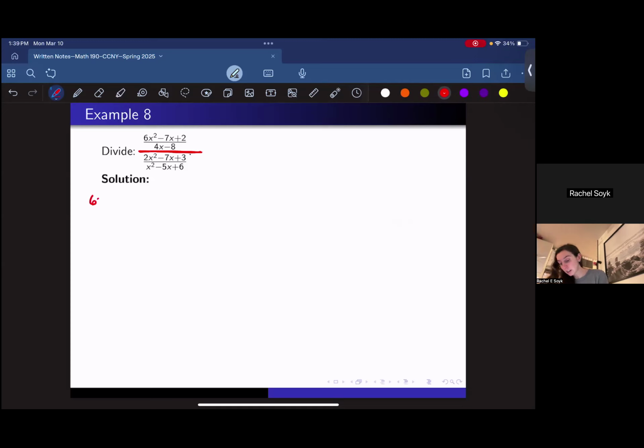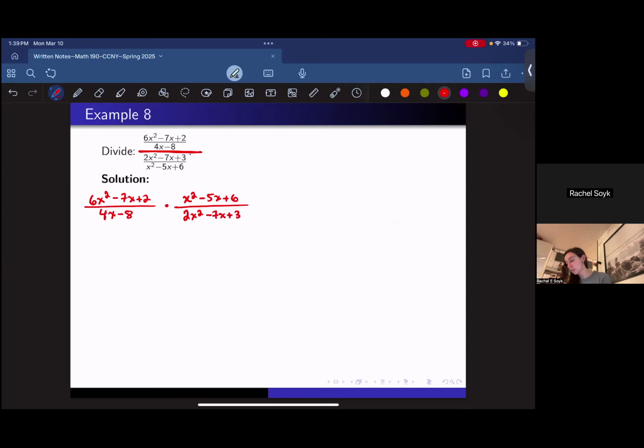We're going to keep that numerator fraction exactly the same. We're going to change that red division sign into a multiplication dot. And then we're going to flip that bottom fraction so that x squared minus 5x plus 6 is the new numerator, and 2x squared minus 7x plus 3 is the new denominator.